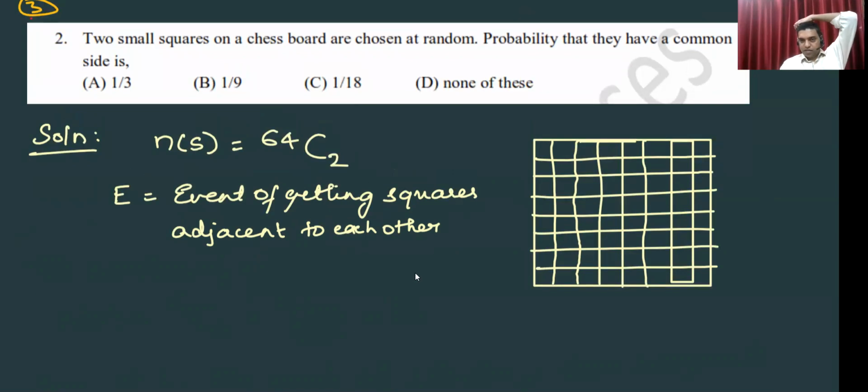Number of ways of selecting squares that have adjacent sides.